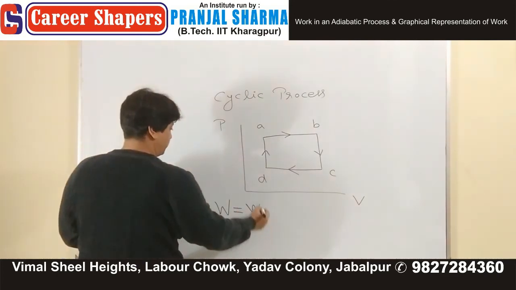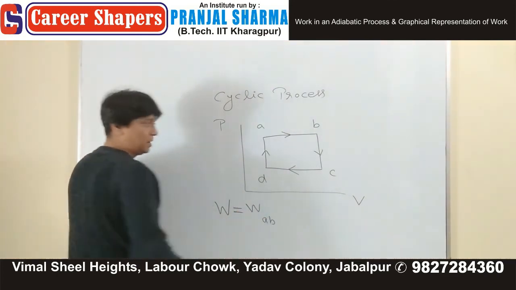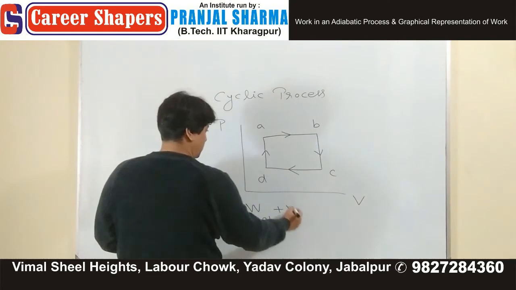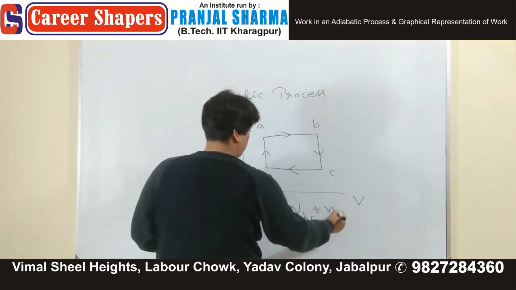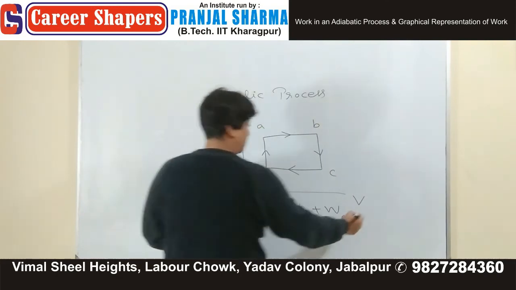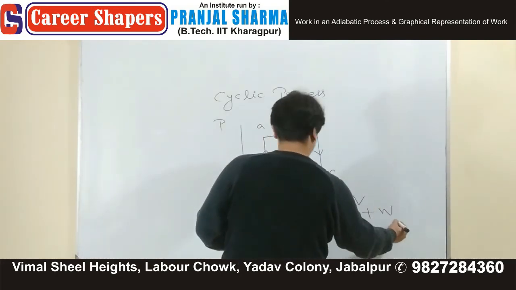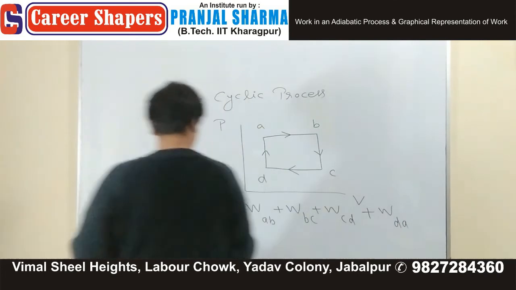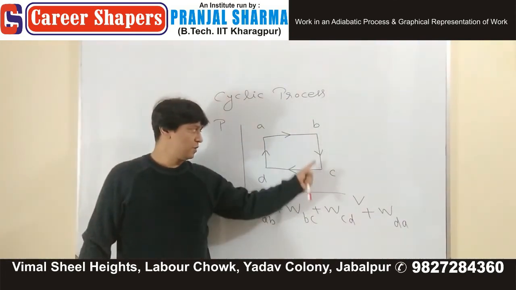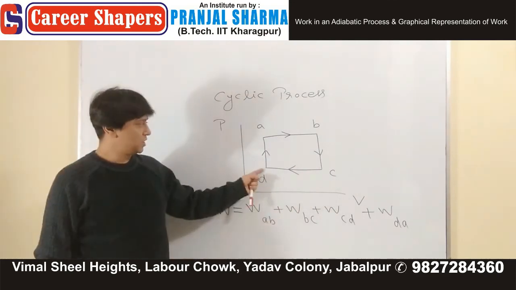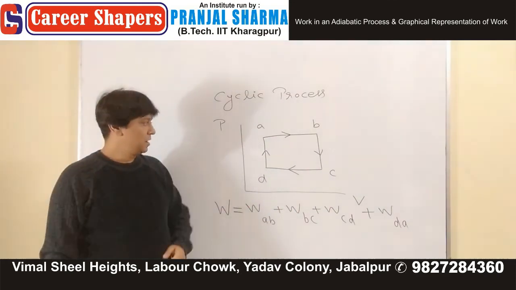We need to find work done for the A, B part, work done for the B, C part, work done for the C, D part, work done for the D, A part. Write down fast in the comment box what is work done for B to C and what is work done for D to A. I've given you nothing.